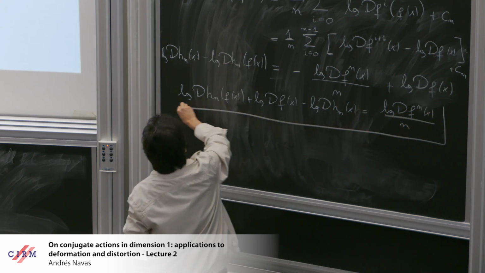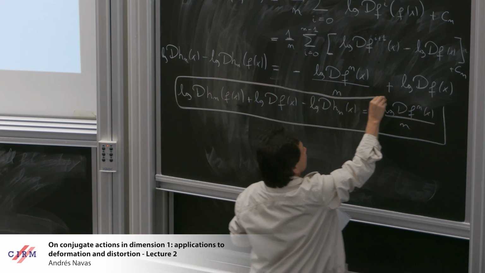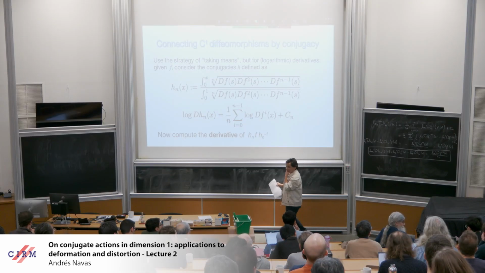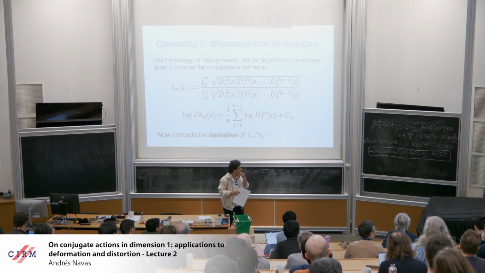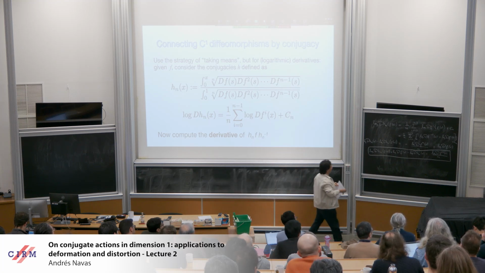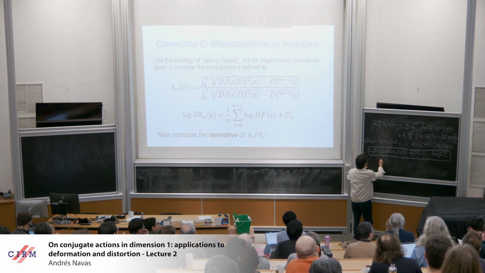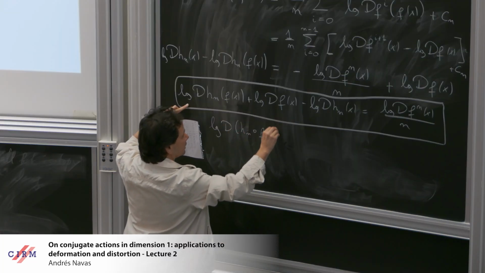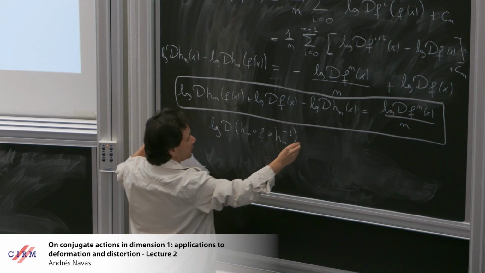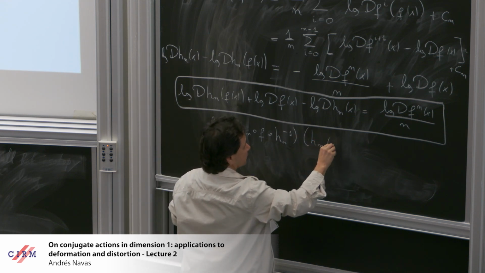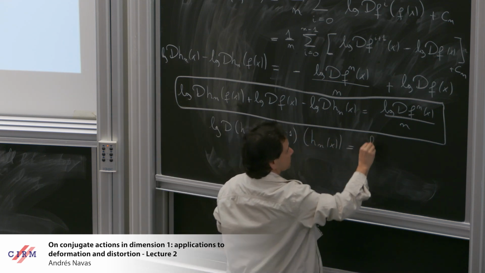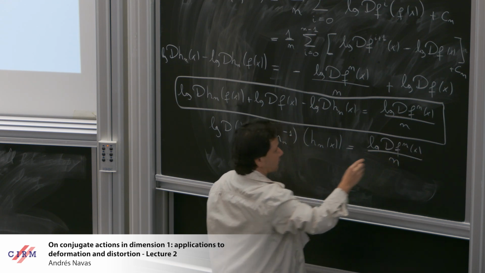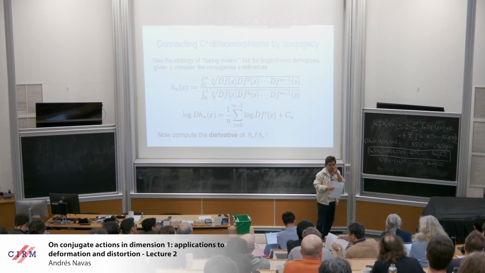So this is the equality. Okay? And this is just the chain rule. And now there are two issues here. The first thing is that this is very nice. This is the logarithm of the derivative of the conjugate of f evaluated at the point Hn of x. Again, because of the chain rule.